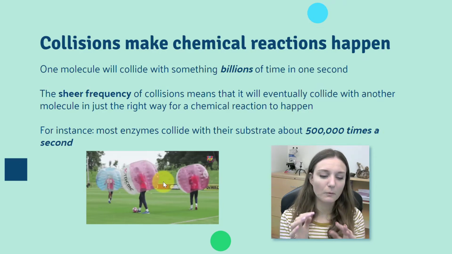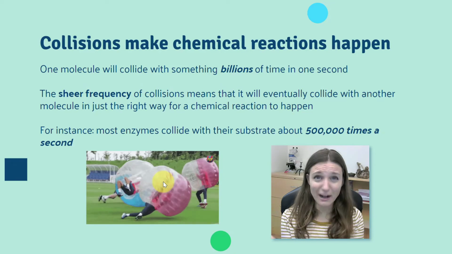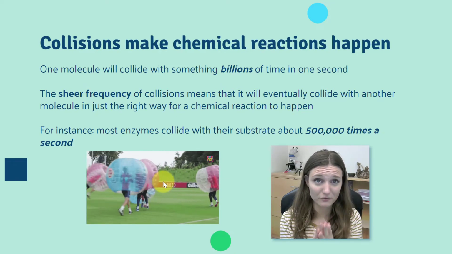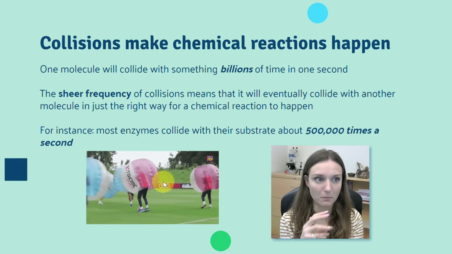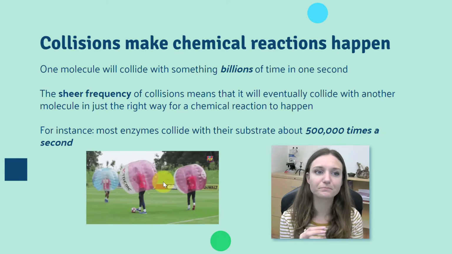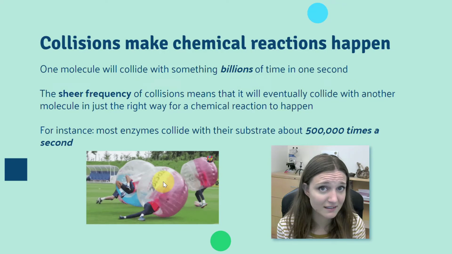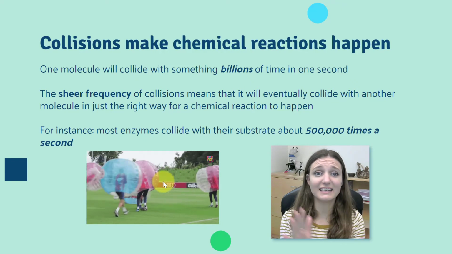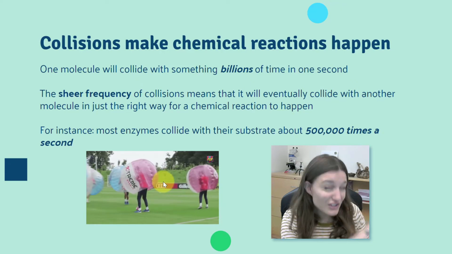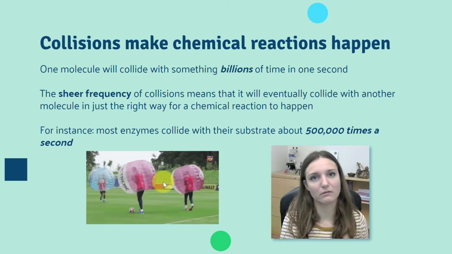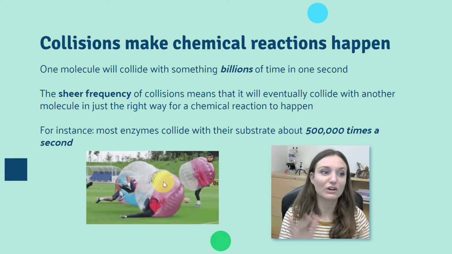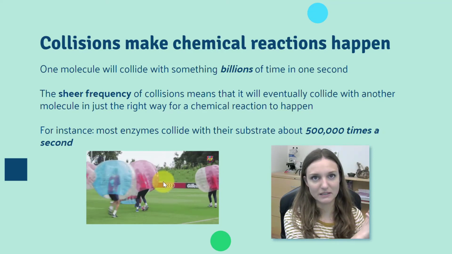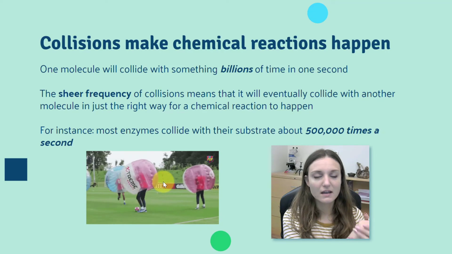So what that means is that sheer frequency, how quickly these things are moving and then bumping into each other, the number of collisions that are occurring per second, per molecule, for all the molecules in our cells, means that eventually, just due to the high chance, you're going to collide with another molecule in just the right way for a chemical reaction to happen. Or collide with an enzyme in just the right way for that substrate to sit into its active site, right?